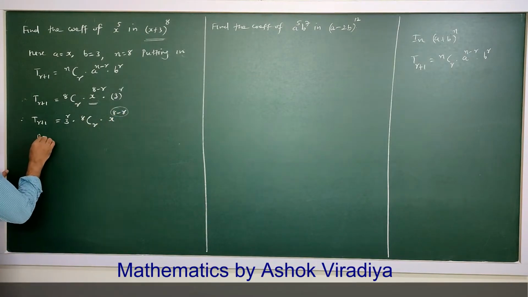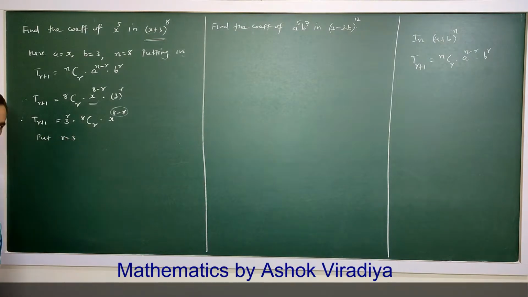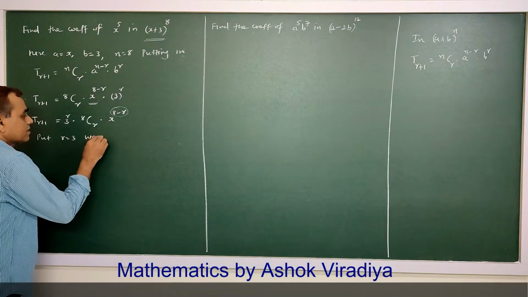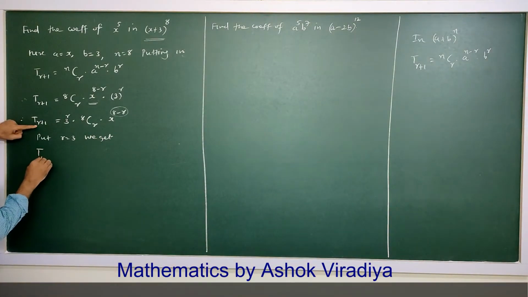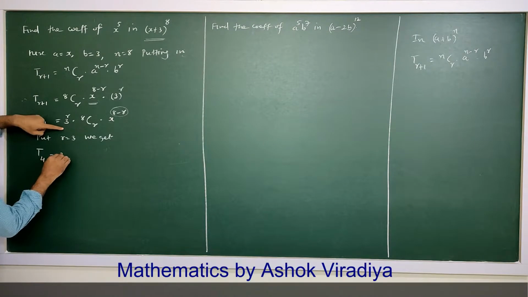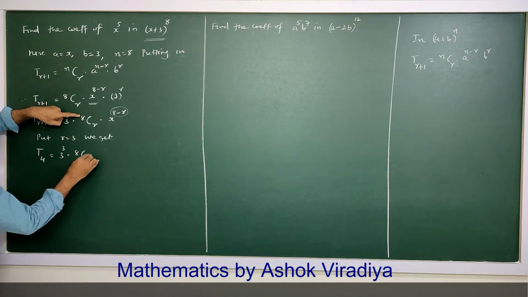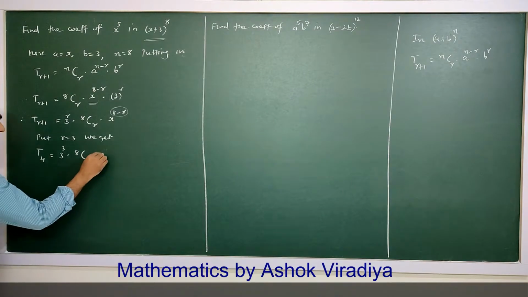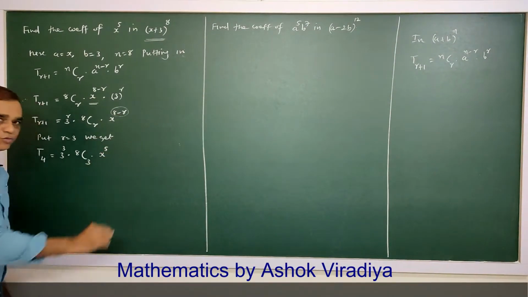So putting r equal to 3, we get, this will be the 4th term, 3 raised to 3 into 8C3 into x raised to 8 minus 3, which is 5.